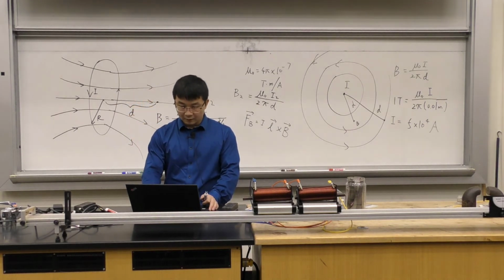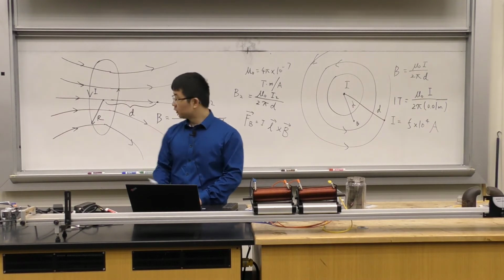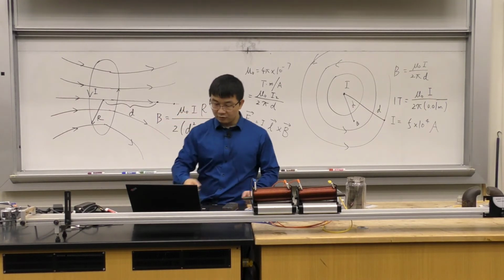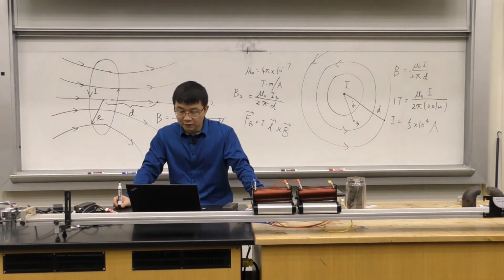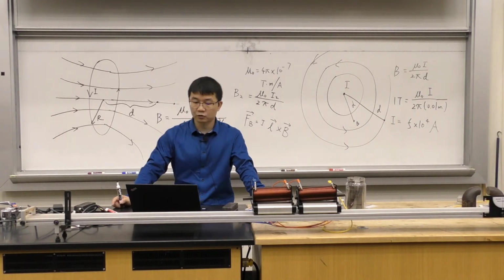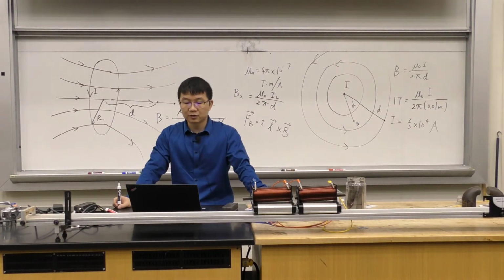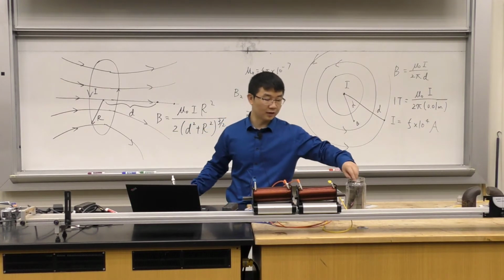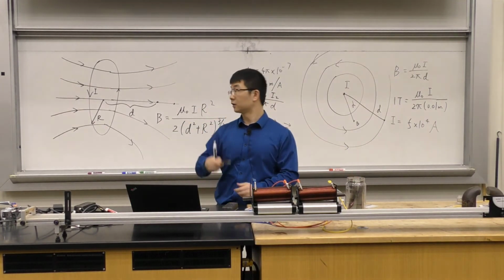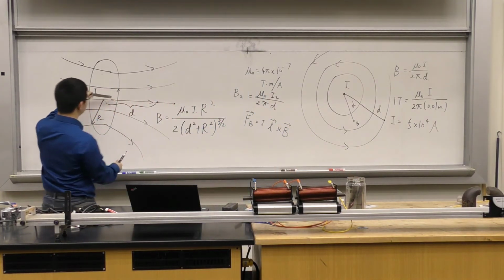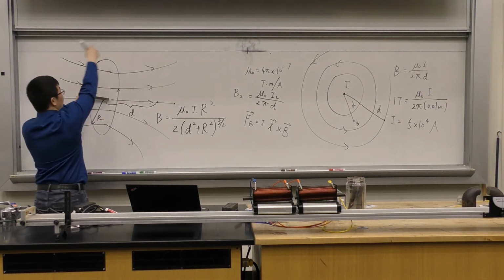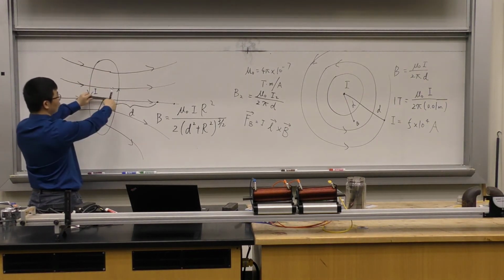So why is this more intuitive than that? Take a look at slide 19. You see that the magnetic field created by a loop is very similar to the magnetic field created by a bar magnet. If I place the magnet here, this is the magnetic field created by it, from north to south.